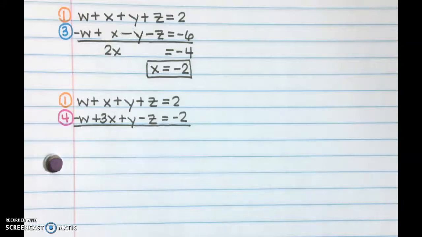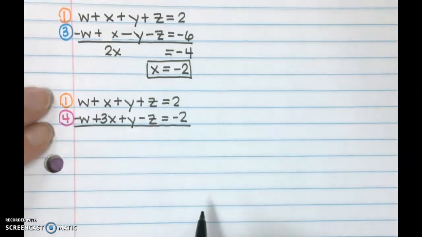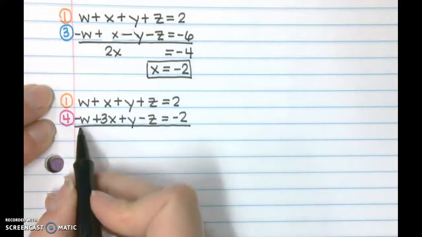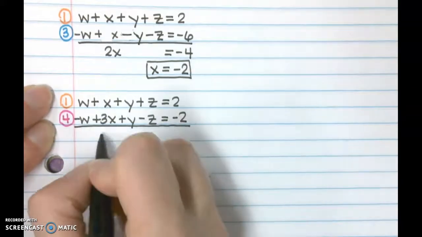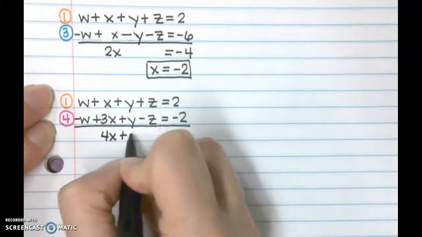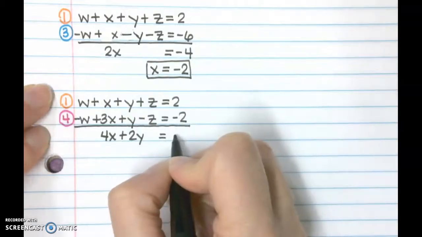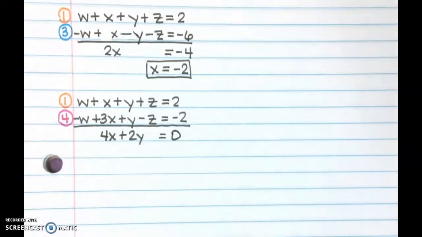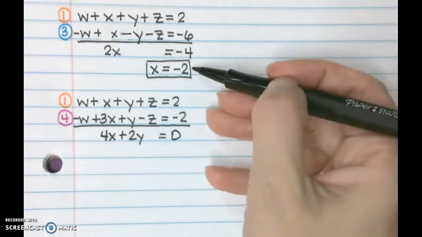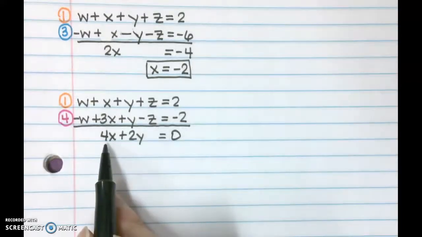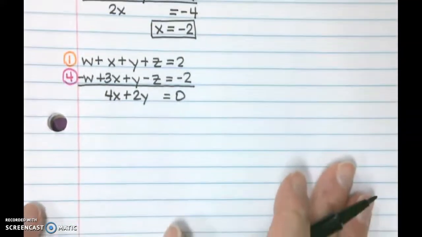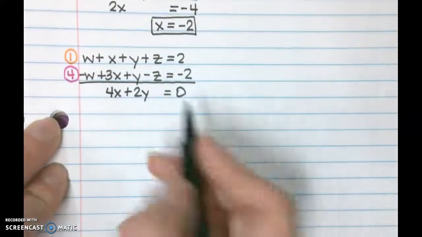So if I continue to work pairing up equations, attempting to eliminate more and more variables, I could pair 1 and 4. That would allow me again to eliminate my w's and leave me with 4x plus 2y. It eliminates my z's and leaves me with 0 here as a constant. Well, at this point, if I know x is -2, and I have an equation now that has only x and y in it, I could go ahead and solve this and find my y value.